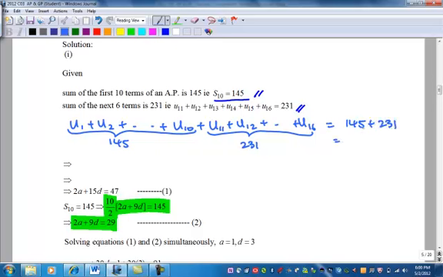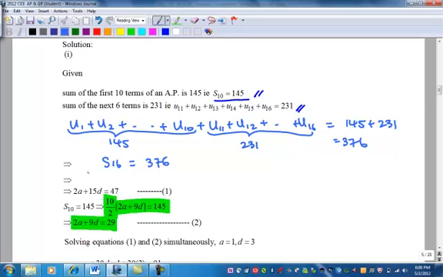That gives us 376. On the left hand side, that is actually the sum of the first 16 terms. On the right side, we got 376.